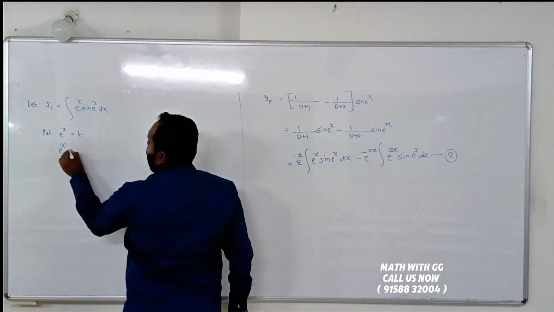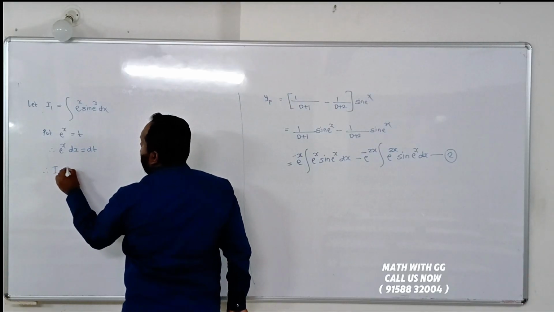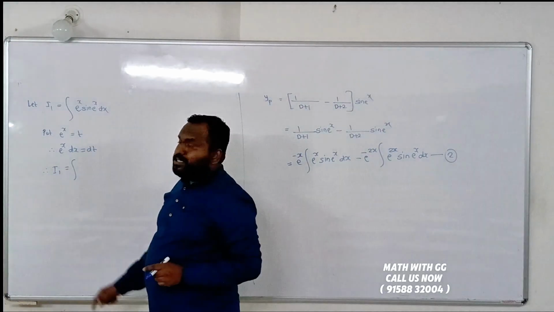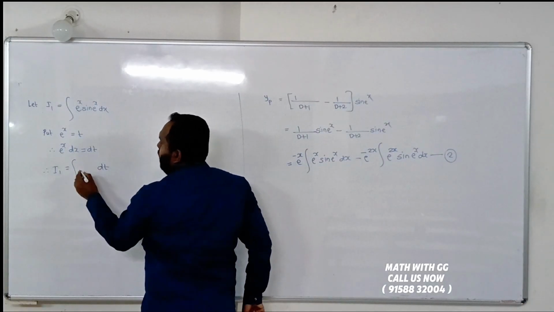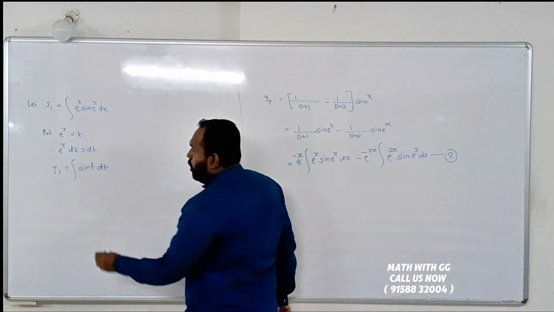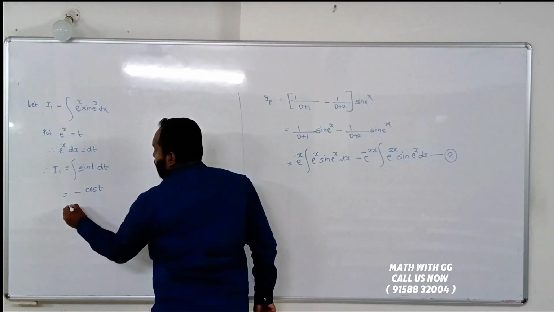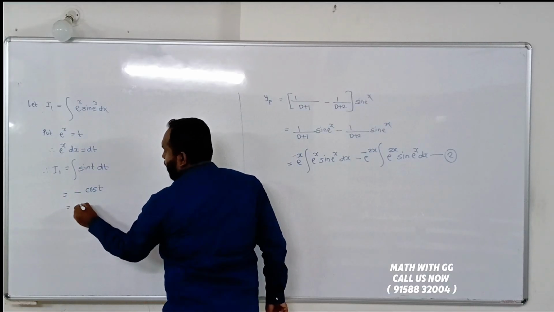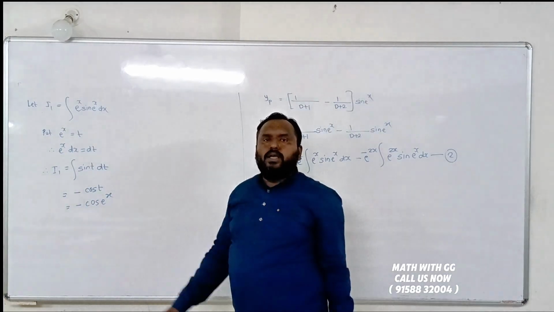Therefore, e raised to x dx equal to dt. Therefore, I1 is equal to integration. Now, if you observe the term e raised to x dx, it is replaced by dt, and sin e raised to x will be sin t. The integration of sine is minus cos. So, integration of sin t will be minus cos t.